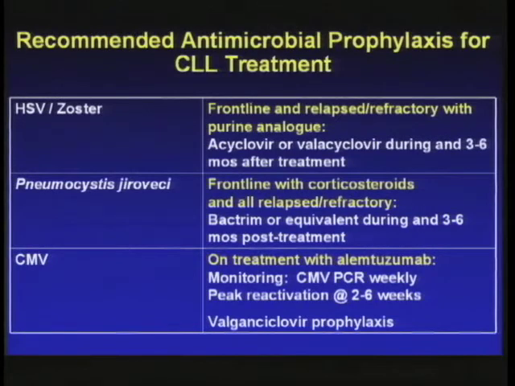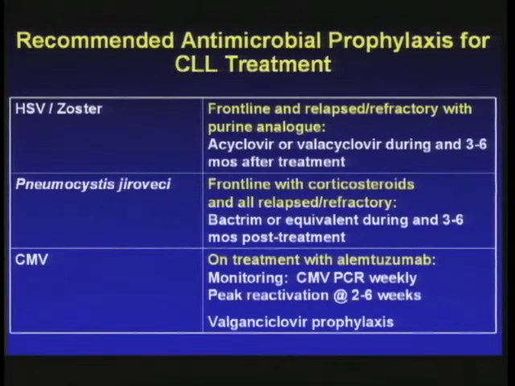Pneumocystis is a protozoa that can become reactivated or can develop into an infection in patients who are getting treated. It's more common in patients who have been previously treated who are getting retreated. So a lot of times we will use a drug called Bactrim and put patients on that drug to suppress that infection from occurring in individuals who are getting retreated who have previously received treatment.